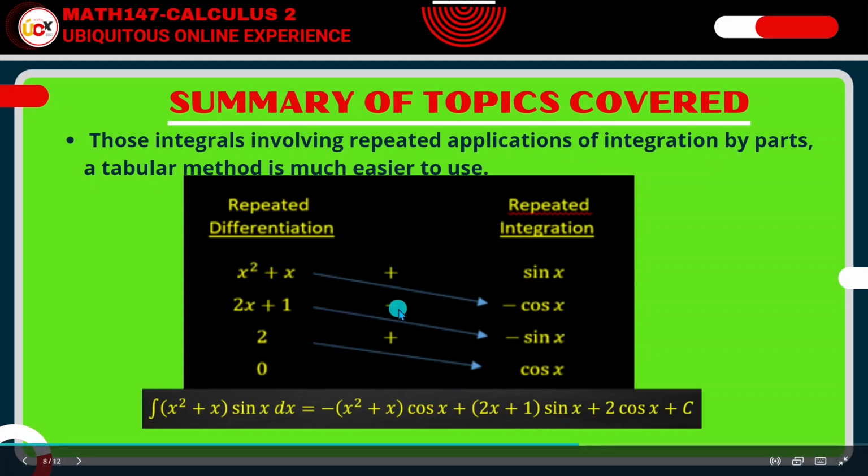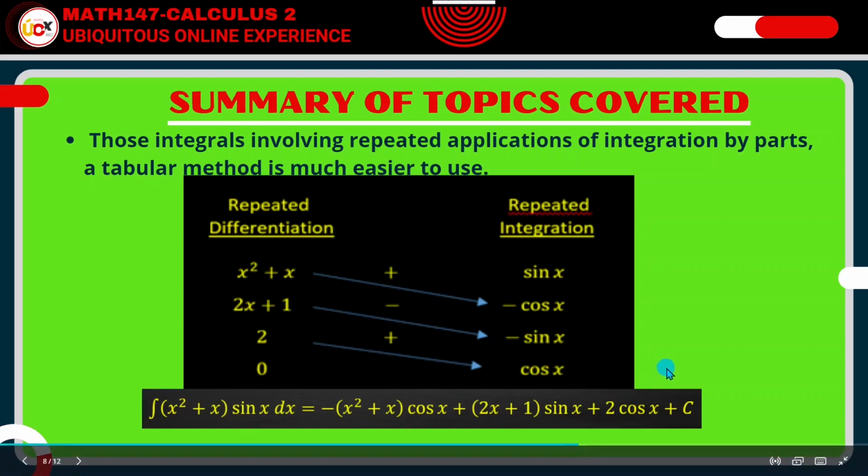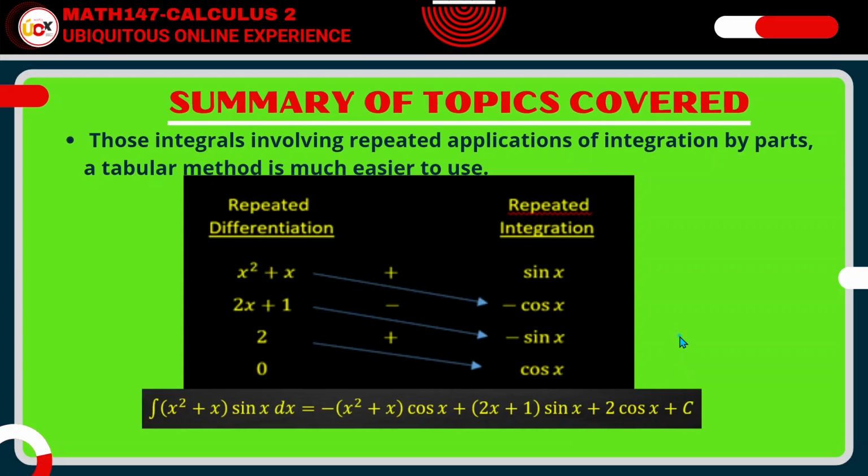Next, because this is negative and negative times positive is negative... the next term should be 2x plus 1 times sine x. Plus, for the last product, because this is positive, 2 times positive cosine x is 2 cosine x, plus the constant C. So this is the final answer.